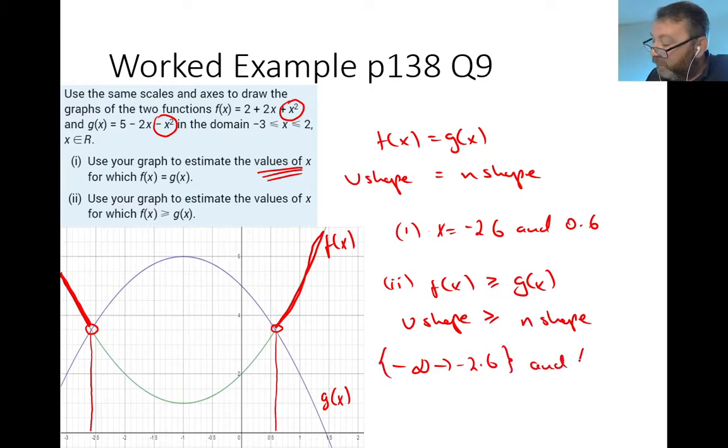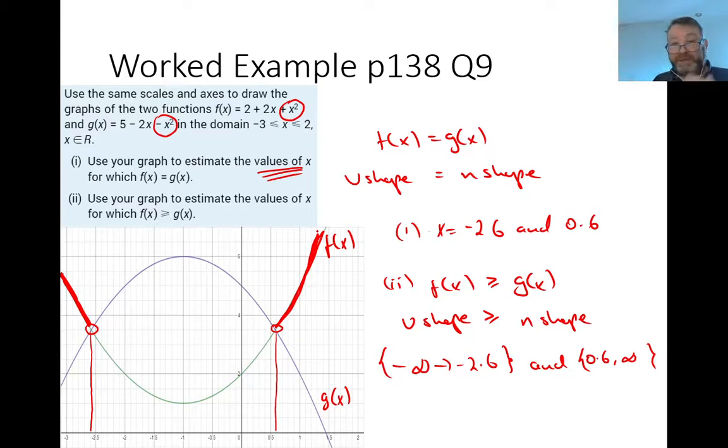And this arm here goes from 0.6 up to plus infinity. So what you're saying is that the arms of the U-shape are greater than the turn in the n-shape, where we see the arms going off to infinity. This one here, as I have in red, and this one here that I haven't read.